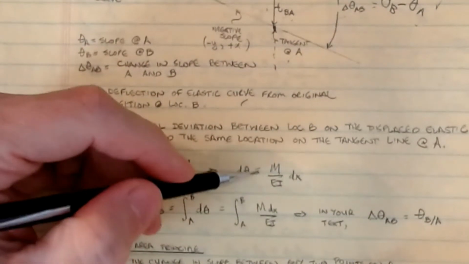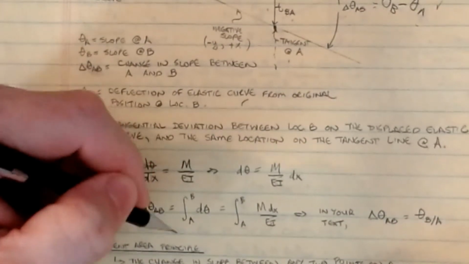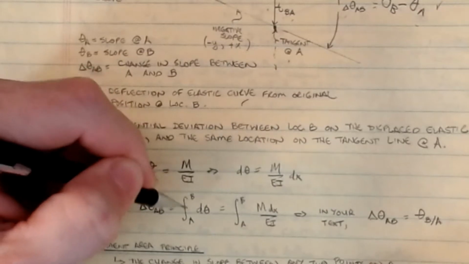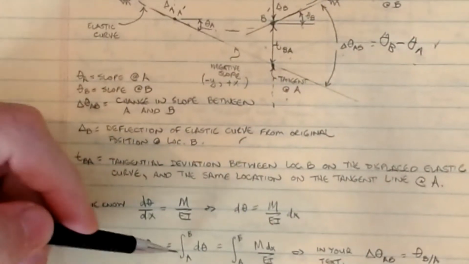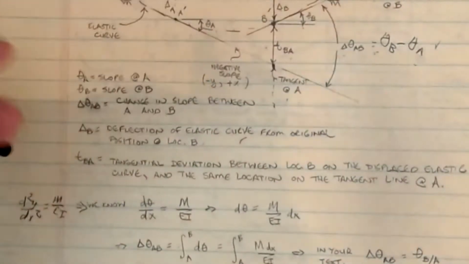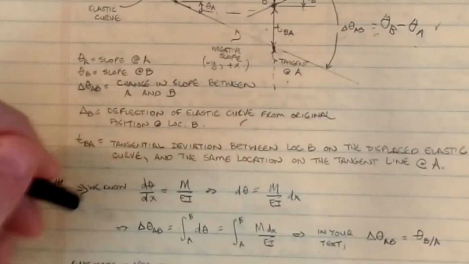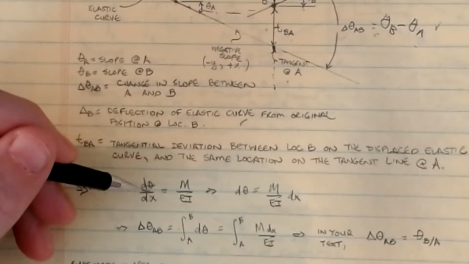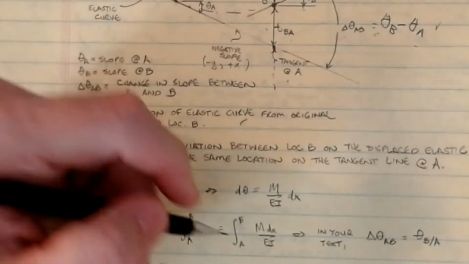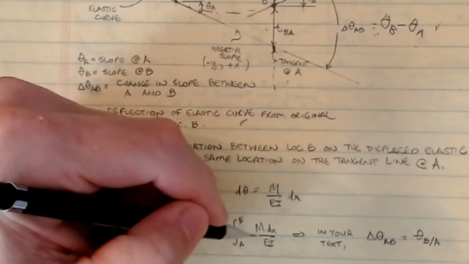If I rearrange this a little bit, the change in angle between A and B is just the slope at B minus the slope at A. So this formula right here is what this is doing for me, and that allows me to step into an integral of d theta, the change in angle. Remember the basic rules of calculus. Then if I plug in my formula for d theta dx, I can rearrange this and integrate from position A to B of M dx over EI.